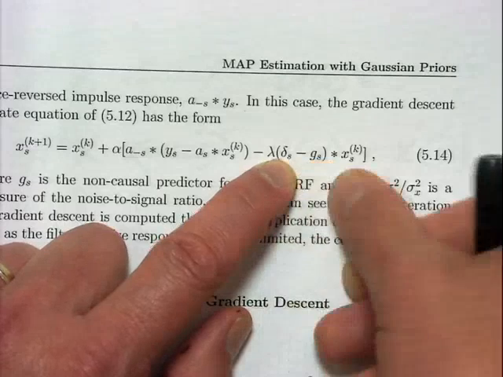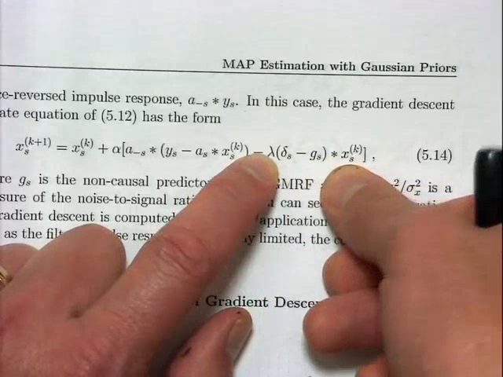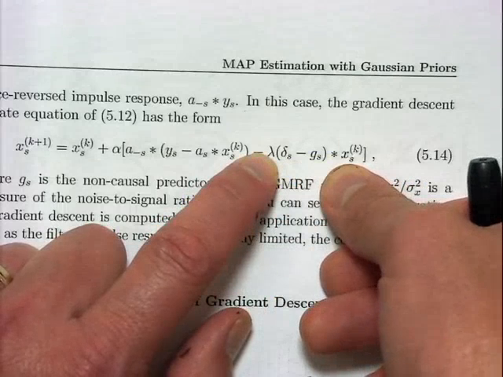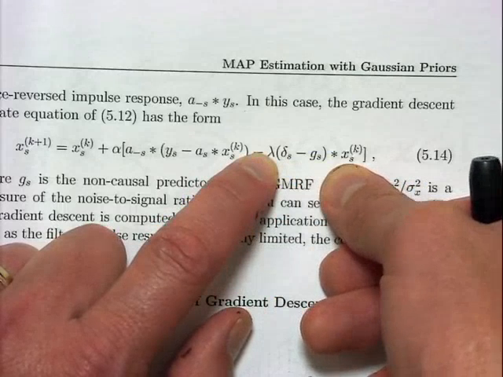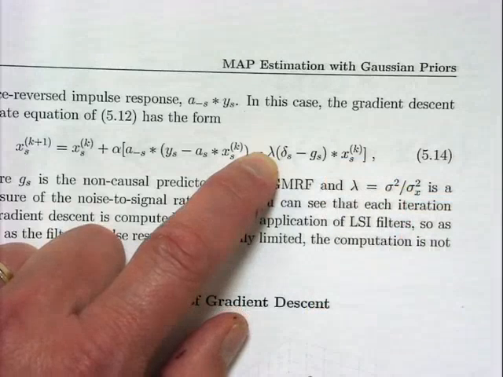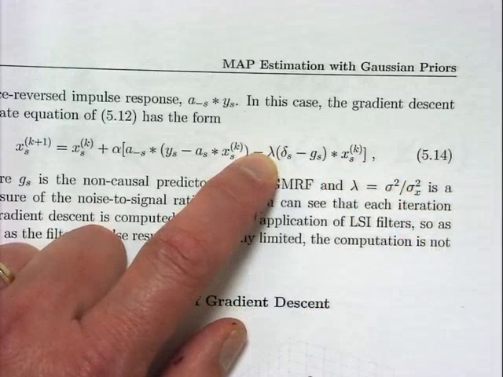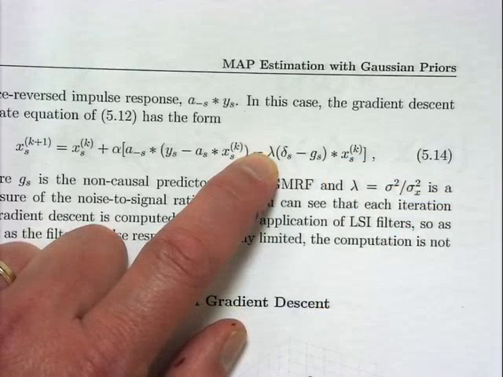So this expression here is the difference between each pixel and its predicted value. If each pixel is exactly equal to its predicted value, the random field has to be very smooth. In fact, it has to be constant.